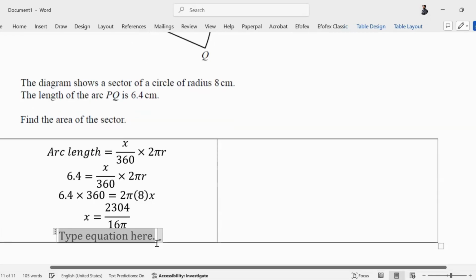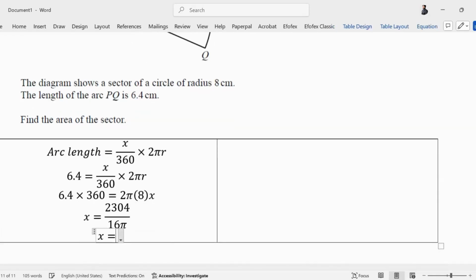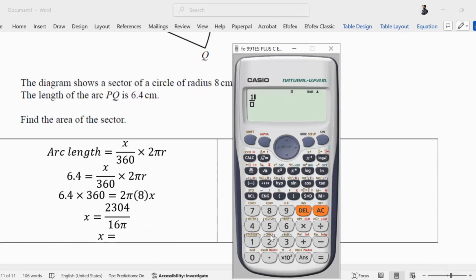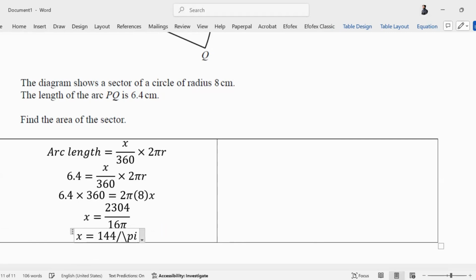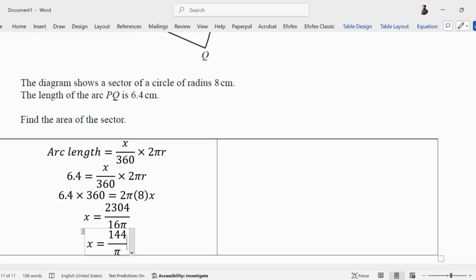I can just simplify the fraction using the calculator. 2304 upon 16 gives me 144. So the answer is 144 upon pi. This is my angle that I have come up with.